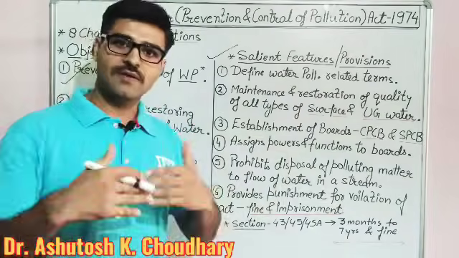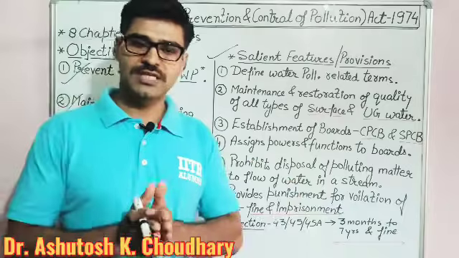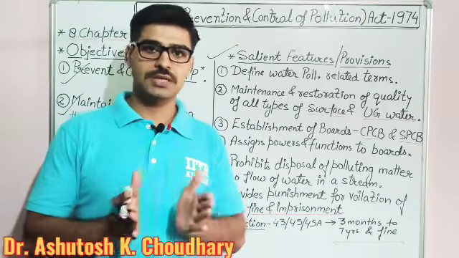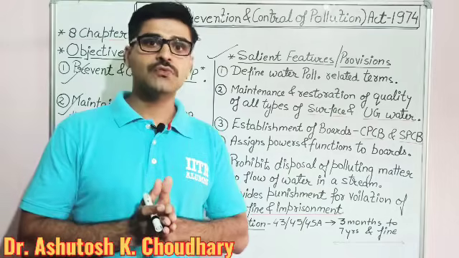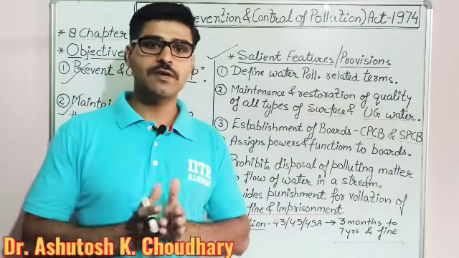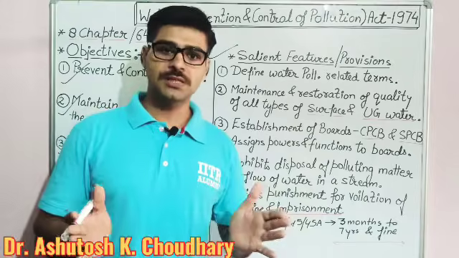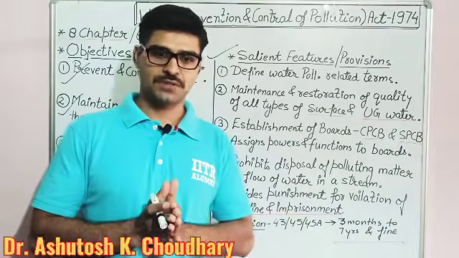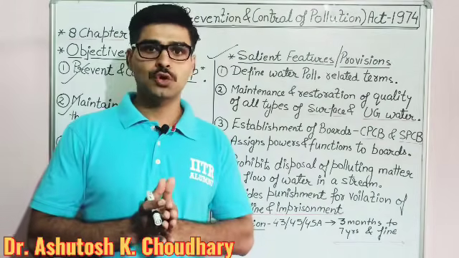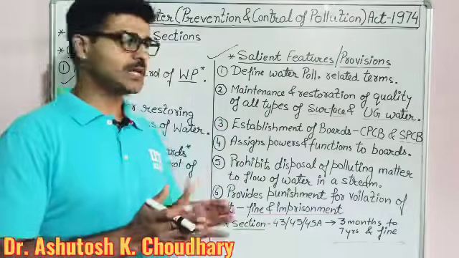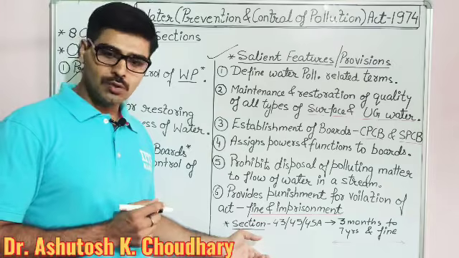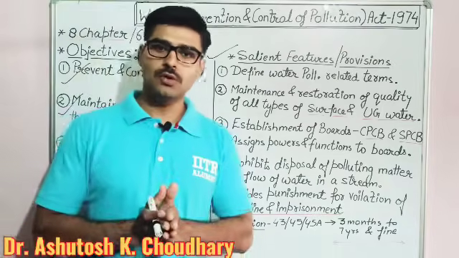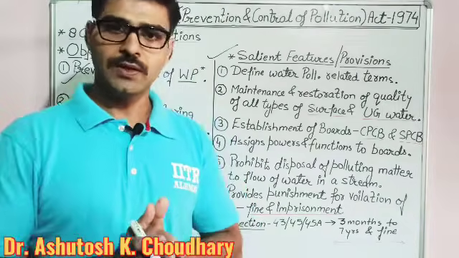Otherwise काफी broad है ये act. जैसा कि मैंने पहले आपके साथ share किया कि it has 8 chapters and 64 sections. So it is very difficult for me to explain all the chapters and all the sections in this short video. So I am just explaining some main points related to the Water Prevention and Control of Pollution Act 1974.